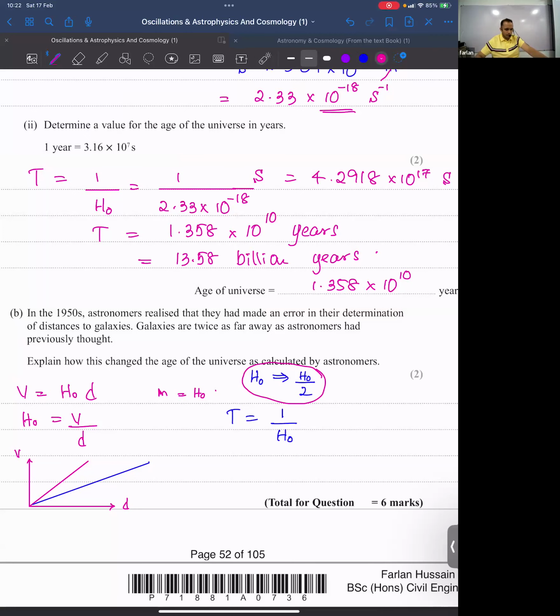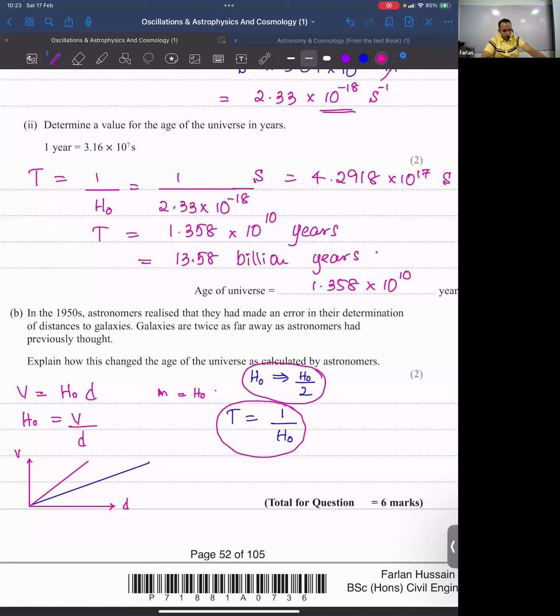That means the actual age of the universe is 2 times the age they were suggesting. You understand that? The question is explain how this changed the age of the universe as calculated by astronomers. So the actual age is 2 times the age that they had calculated at that time.